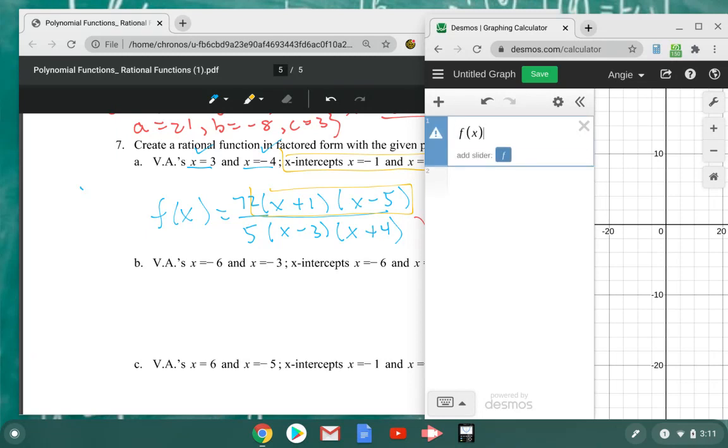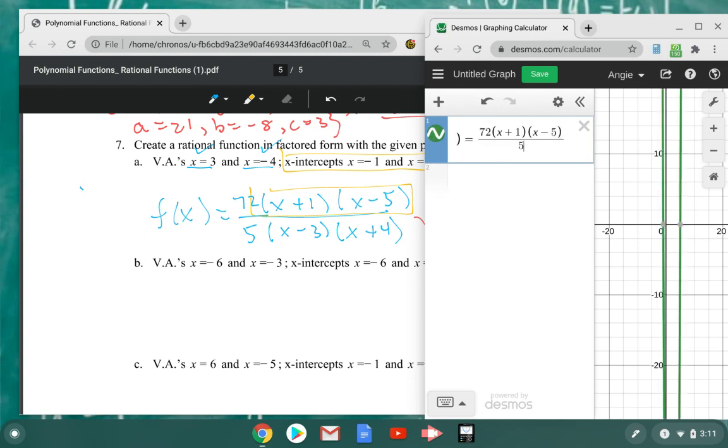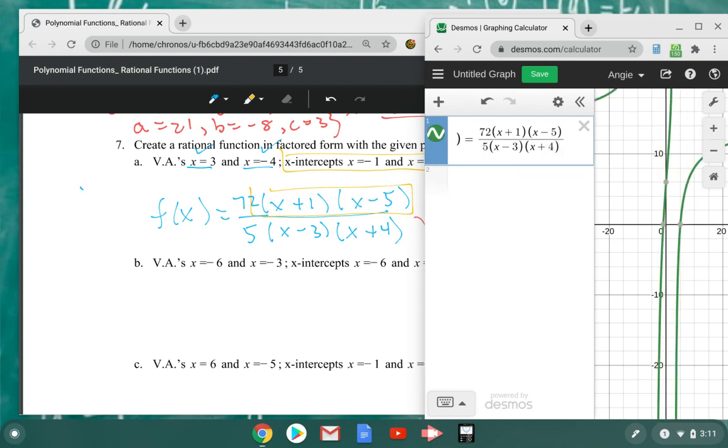So f of x equals 72, parentheses, x plus 1. These are the zeros, x minus 5. In the denominator, we have 5, x minus 3, x plus 4.